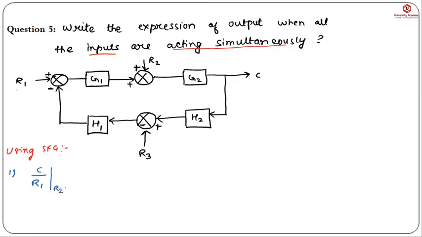So it means R2 is equal to R3 is equal to 0, so we are considering the single input. Okay, now R1 is behaving as the input node and this C is behaving as the output node. So between input and output, this R2 and R3 is 0. Okay, it means no input is coming from here.